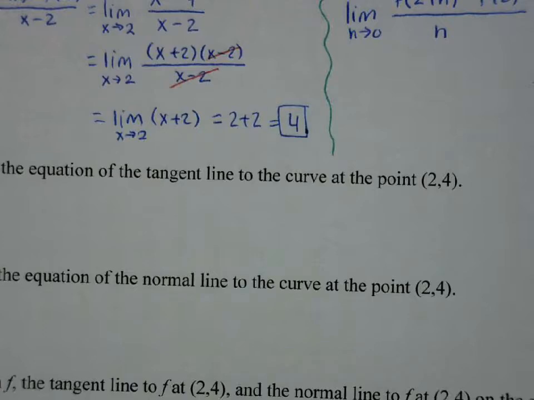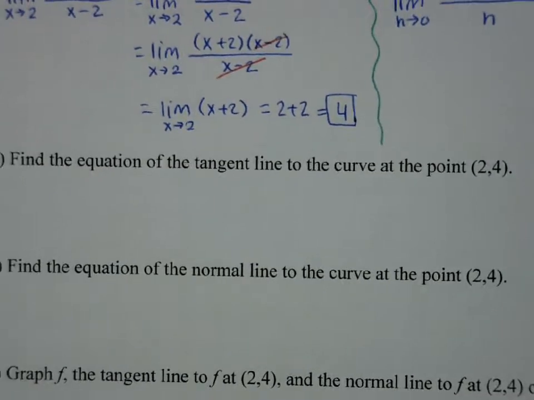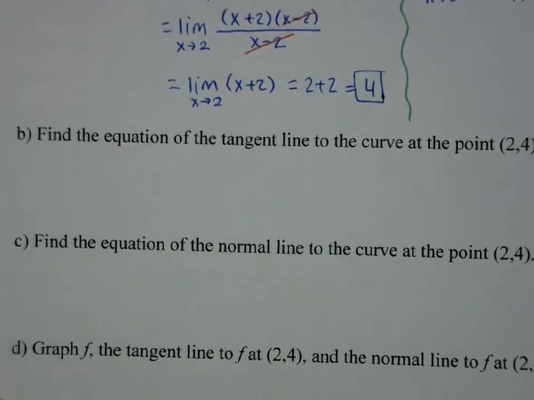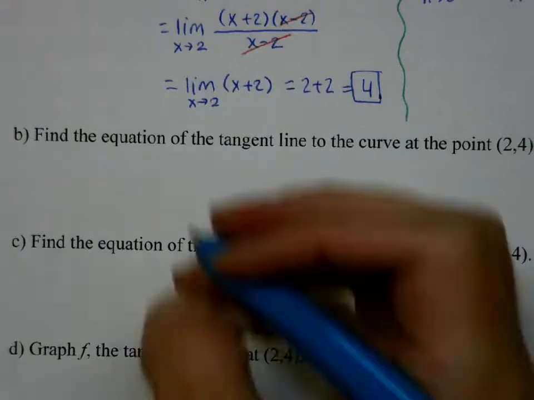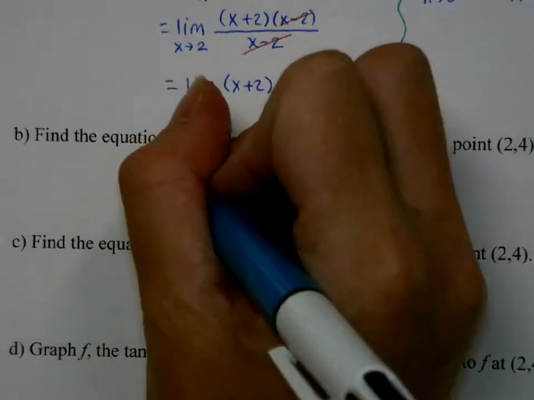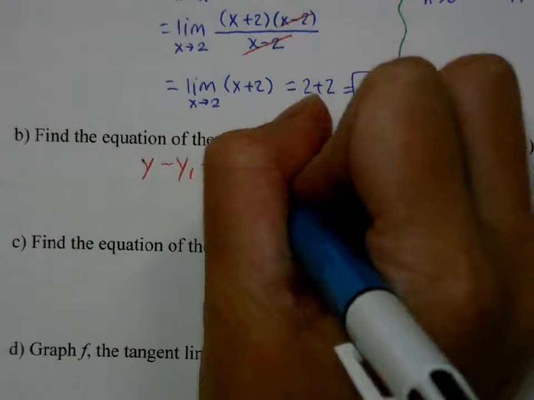Now we're going to follow up with a question. So let's find the equation of the tangent line. We're going to be using the point slope form of a line very frequently. So y minus y1 equals m times (x minus x1). Okay, so we have the point and the slope.